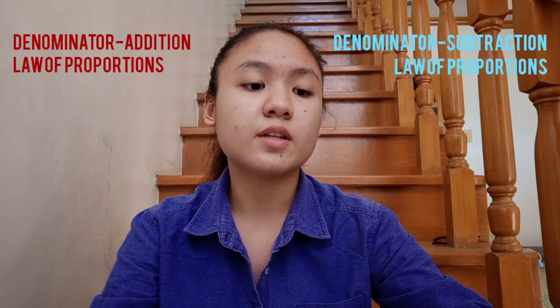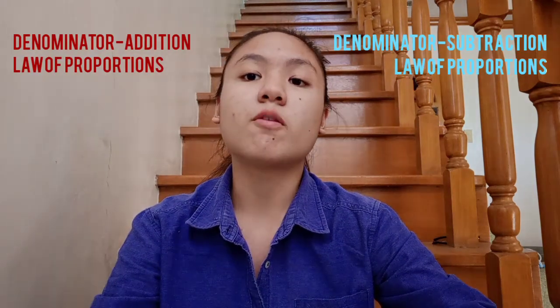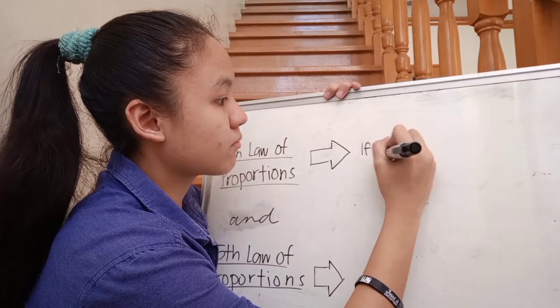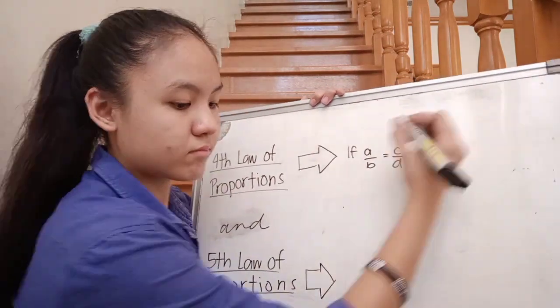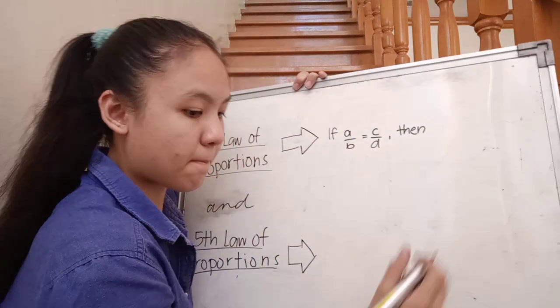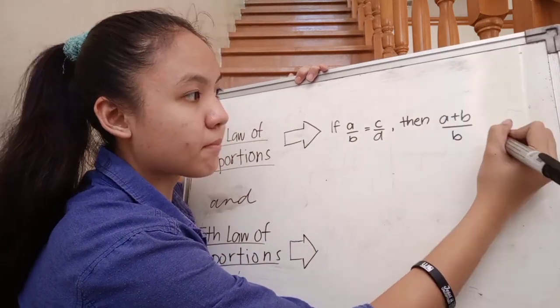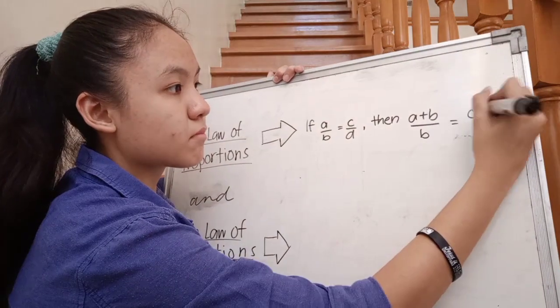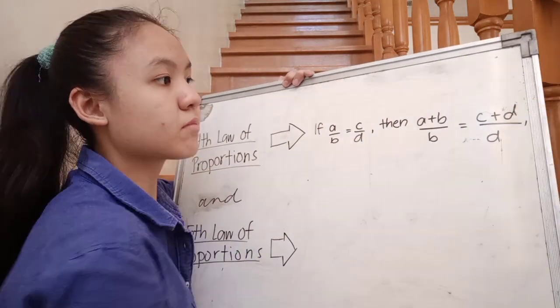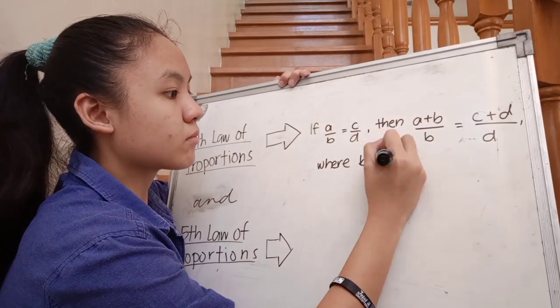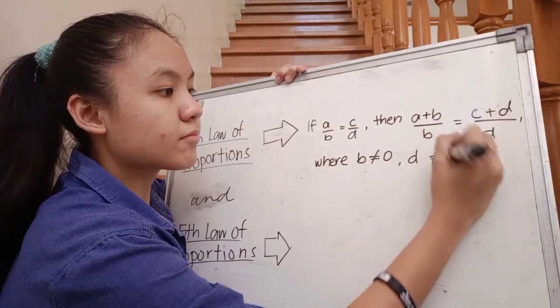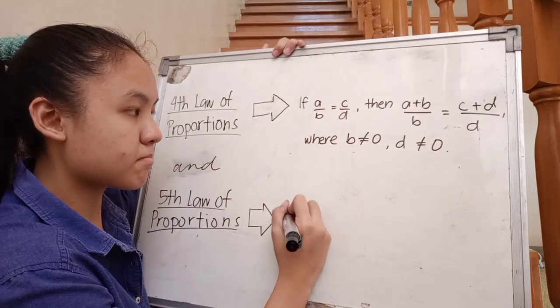We are now on our fourth and fifth law of proportions. Our fourth law is called denominator addition law of proportions, and our fifth law is called denominator subtraction law of proportions. Our fourth law says if A over B is equal to C over D, then A plus B over B is equal to C plus D over D, where B is not equal to 0 and D is not equal to 0.